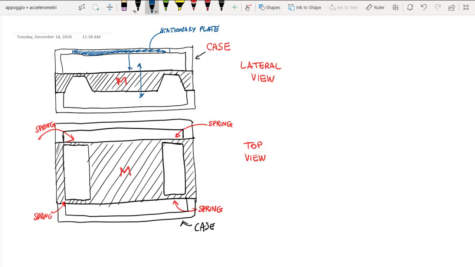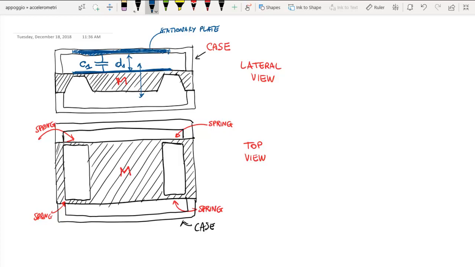So that this is, let us call it D1, the distance between the two plates. So the capacitance is going to be this one. Here we do it by depositing some metal layer on the top part of the silicon.